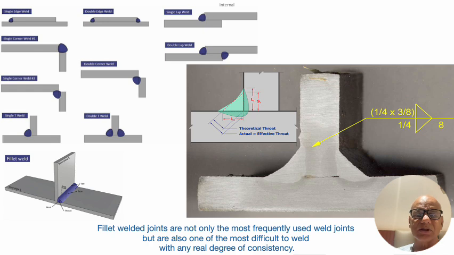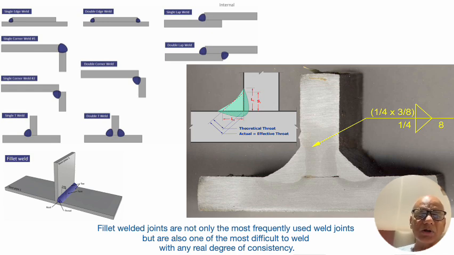Always, whatever the thickness, it is completely filled up with proper root penetration and reinforcement on the top. But in case of fillet, depending upon the stresses which are going to come, which we'll see in the subsequent slides, we will choose the throat. Even though the leg of the fillet is easy to measure, this is the leg of the fillet, as you see here, the L and L.